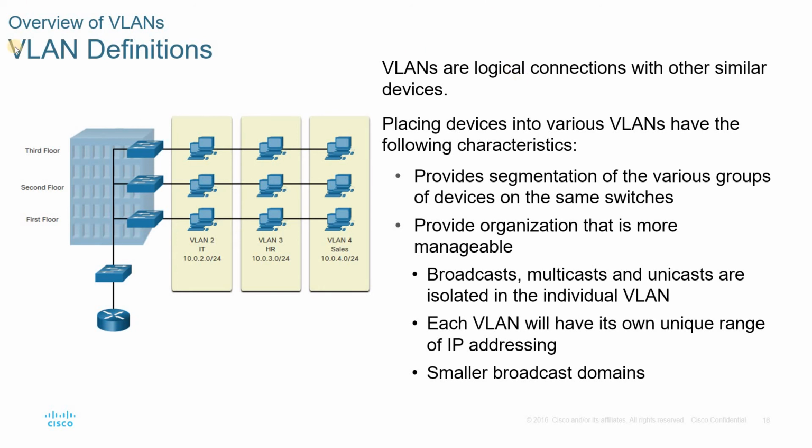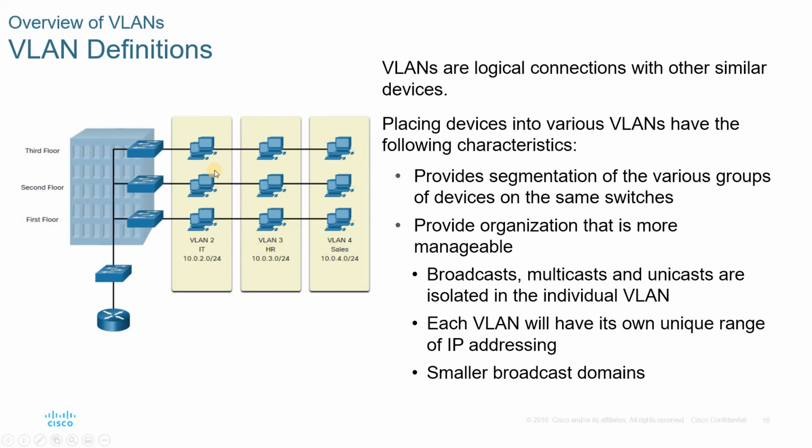One good example, if you're going to observe this sample network topology here, we have 3 switches and then we have hosts connected to those switches. But as you can see, when we implement VLANs, look at this, this group of computers right here that is part of VLAN number 2, the IT department, are logically separated from other VLAN groups, like HR and sales.